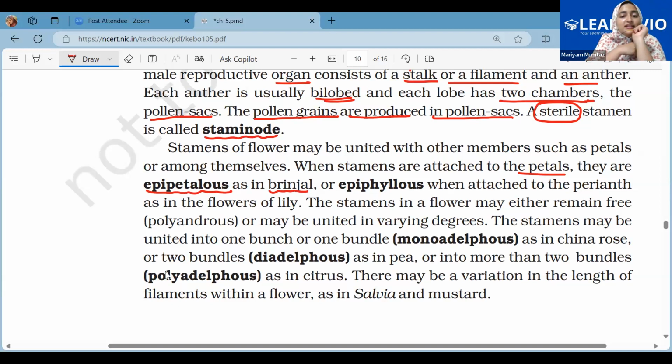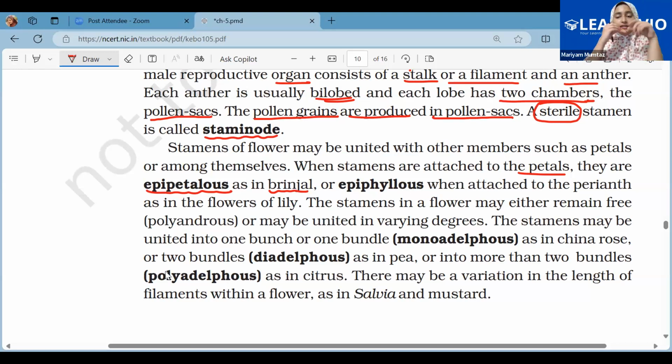So lily has perianth, and one unit of perianth is known as... One unit of corolla was petal. One unit of calyx was sepal. So what is the one unit of perianth? It's a very weird name. So we have petal, sepal, and then we have tepals. Yes, tepals. So the one unit of perianth is tepal.